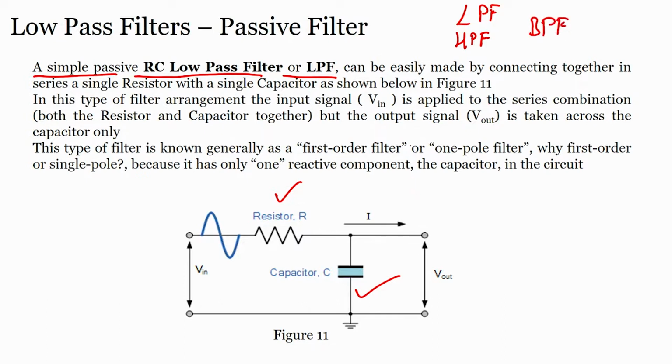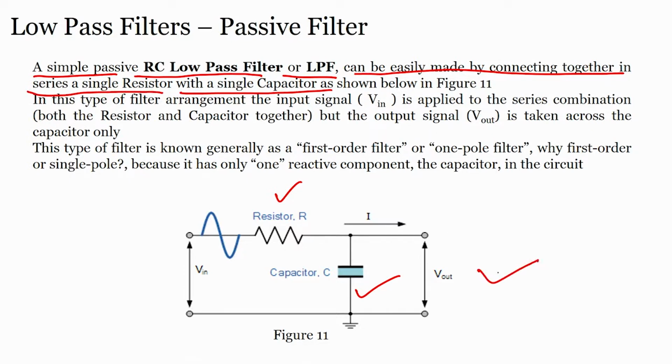These are also terminologies that you will find in different works, so do not get confused if there is an LPF instead of low pass filter. They also write RC low pass passive filter, which can be made by connecting together a single resistor in series with a single capacitor as shown in figure 11, alright.